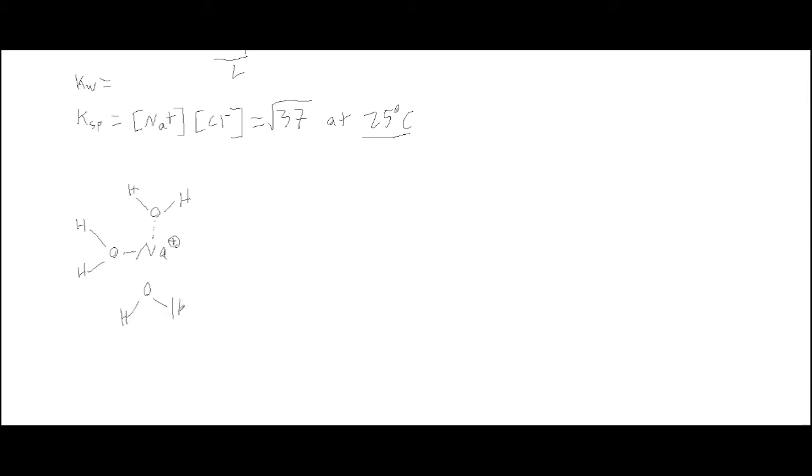So these waters are going to align all around the sodium ion, and that's what's keeping it separated from the chloride ion, which is surrounded in the opposite way, where the partial positive on the hydrogen is attracted to the negative charge on the chloride.